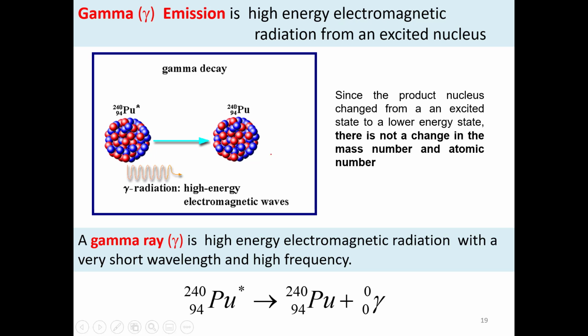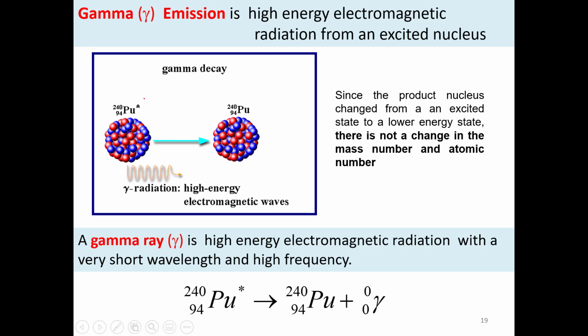For example, here we have plutonium. For the nucleus of the plutonium to be more stable, it just emits radiation energy. This is high energy radiation, corresponding to gamma. You remember gamma in the electromagnetic spectrum? This is high energy, high frequency, low wavelength radiation. Yes, this is gamma radiation.